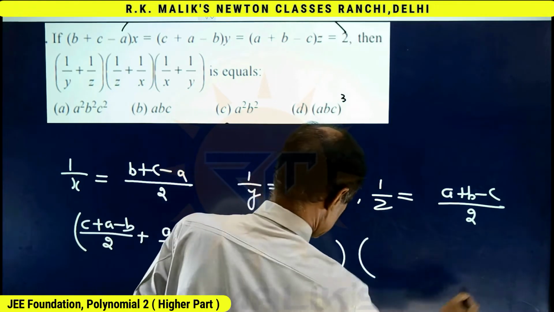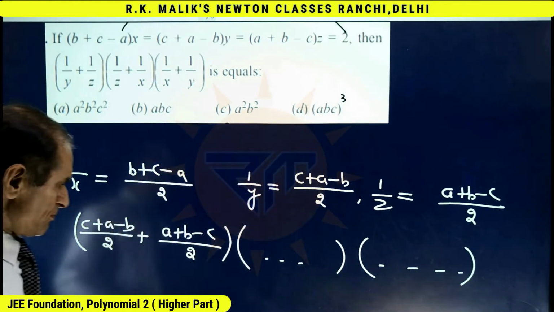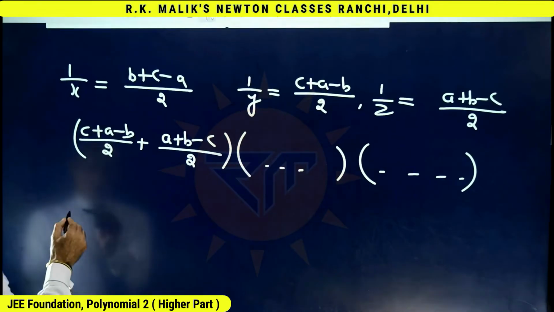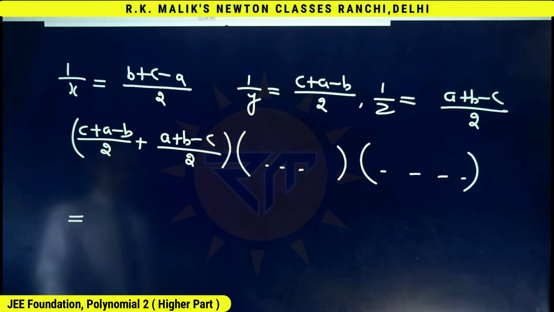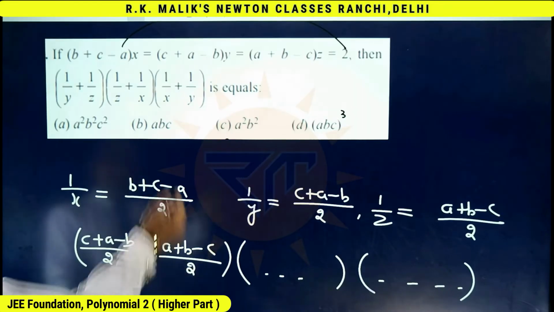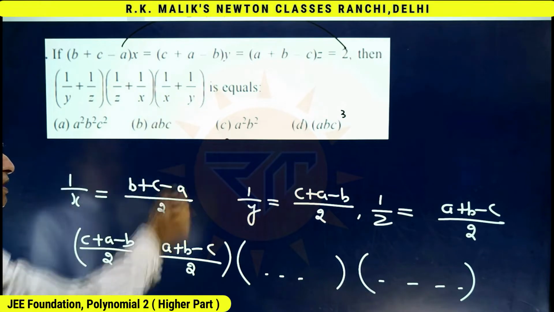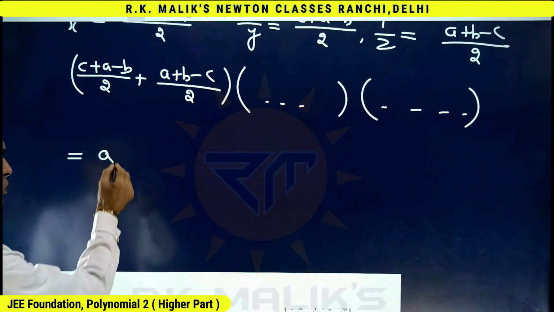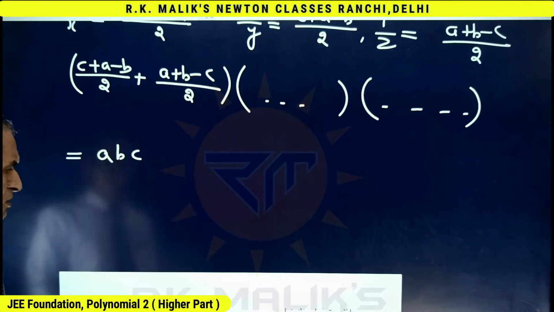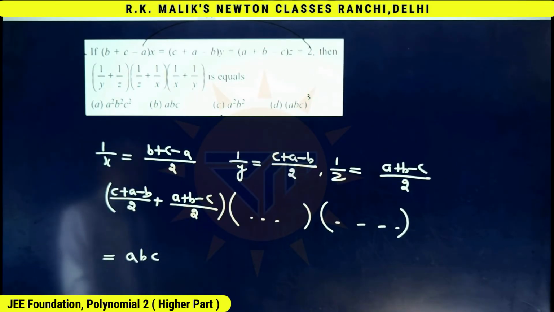Similarly, this end you will be getting. And it is easy to see that it is A. Similarly, second part will become B. Third part will become C. Hence, you will get the answer A, B, C. Hence, we have got the B choice as the correct choice.